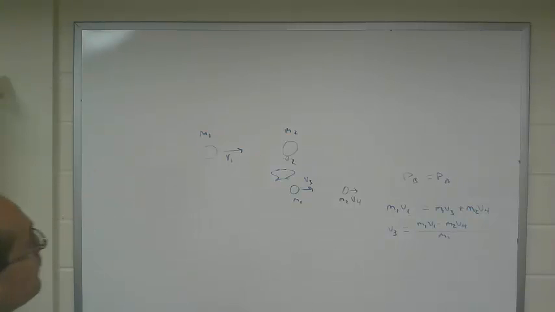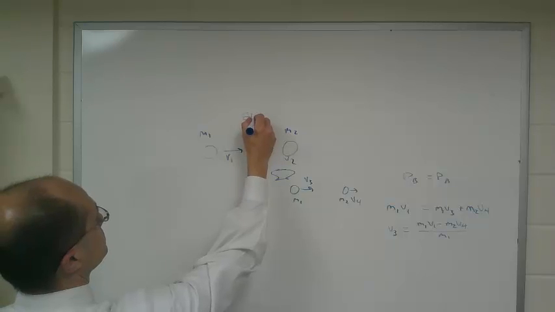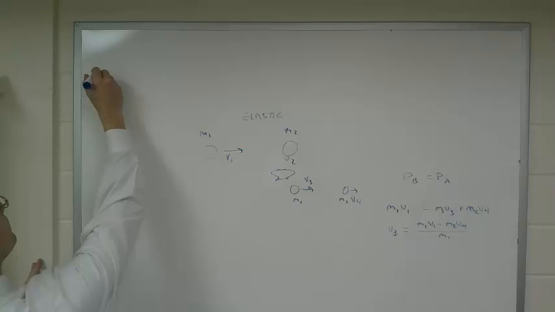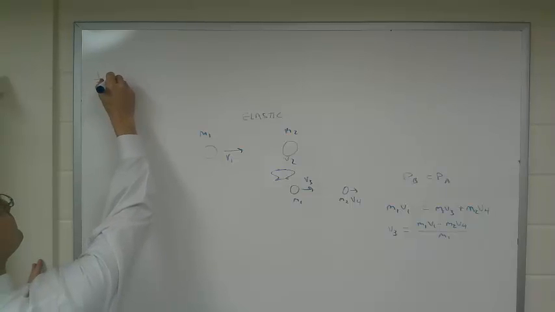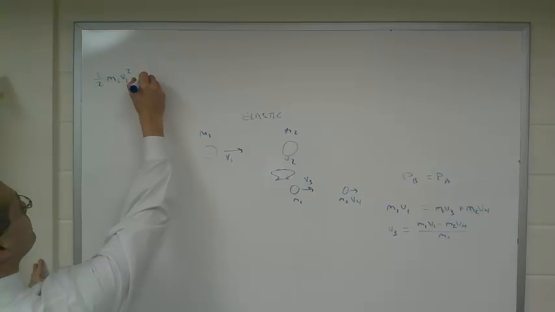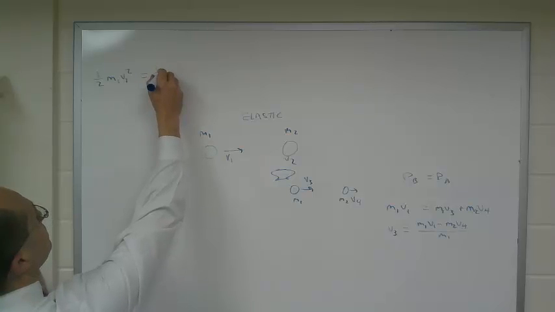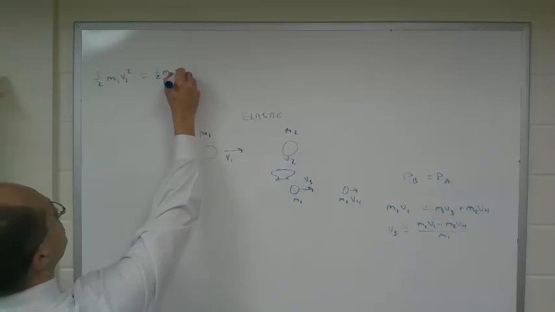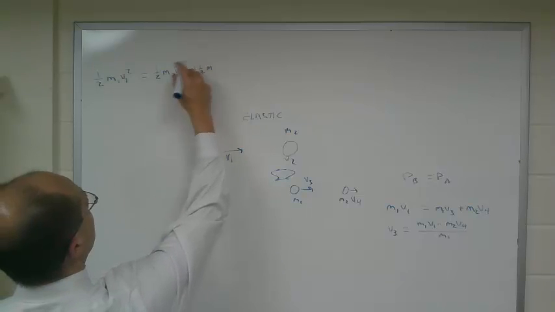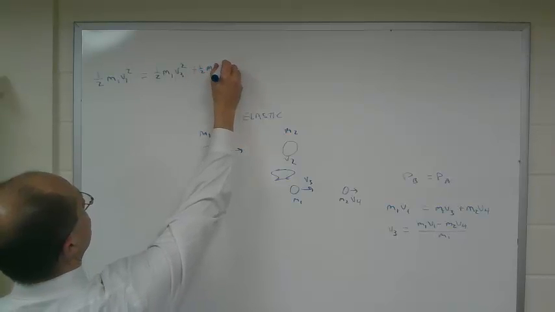Now the next part that we need is we have to remember that this is an elastic collision. When we have elastic collisions, we have kinetic energy conserved. So in this case, 1/2 M1 V1 squared, because this one is 0, it has no kinetic energy, is equal to 1/2 M1 V3 squared plus 1/2 M2 V4 squared.